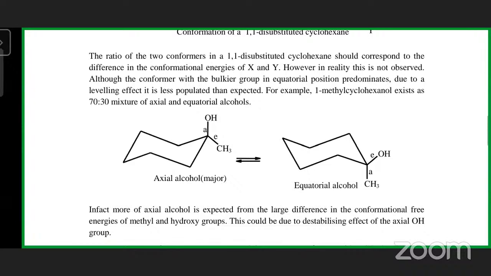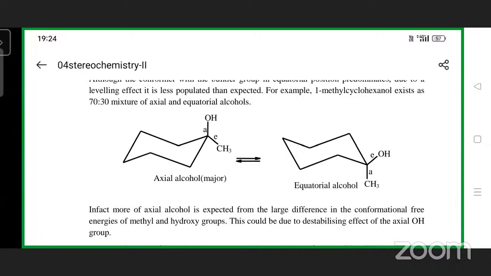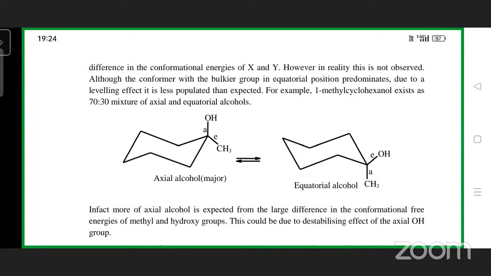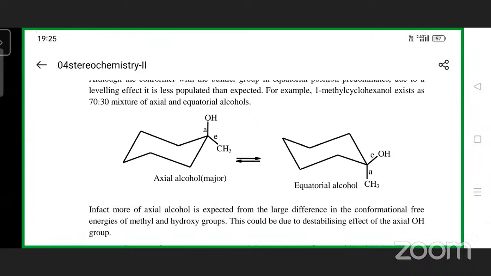When the methyl is in the equatorial orientation, the carbon carrying the three hydrogens is away from the interacting hydrogens here. And in the equatorial alcohol, you see these three methyl groups.